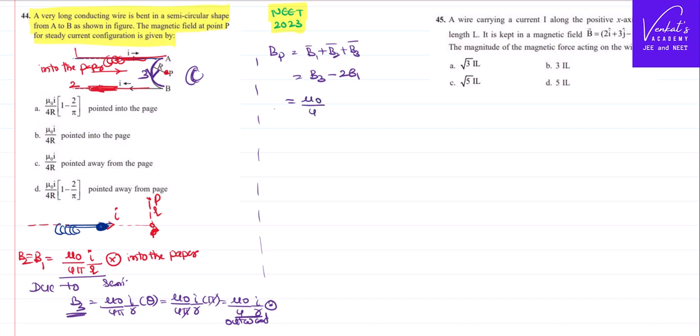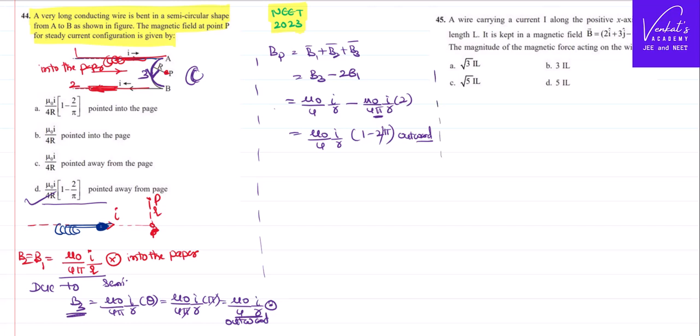Mu naught by 4 I by R minus mu naught by 4 pi I by R of 2, because there are 2. Now I can take mu naught by 4 I by R as common: 1 minus 2 by pi. As outward is dominating, your answer is also outward. So your answer is pointed away or outward. This one is the answer for the problem.